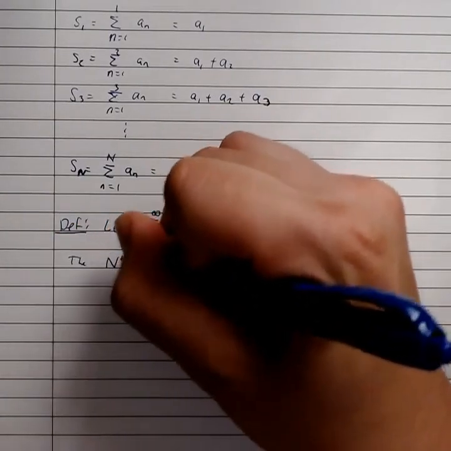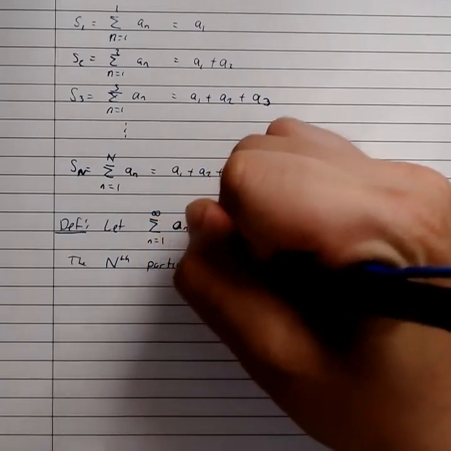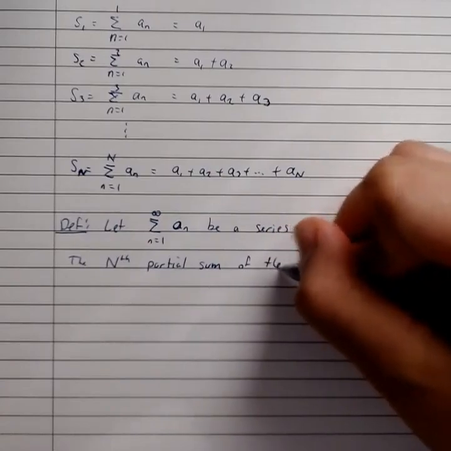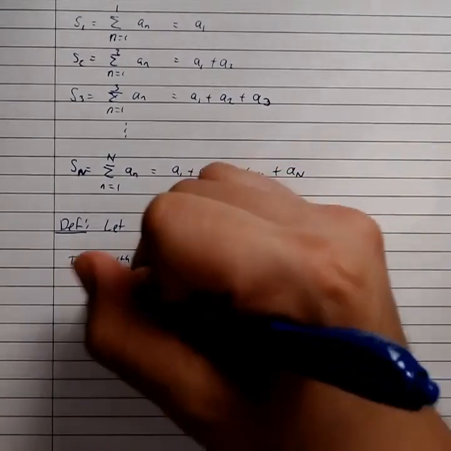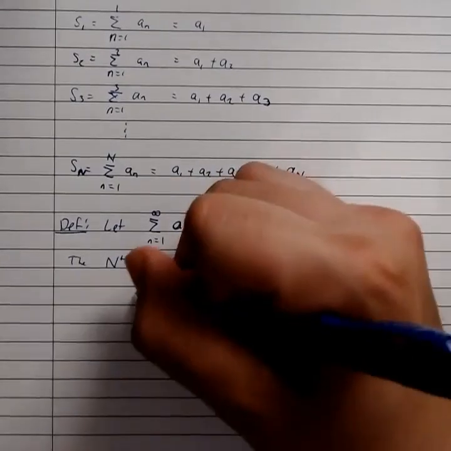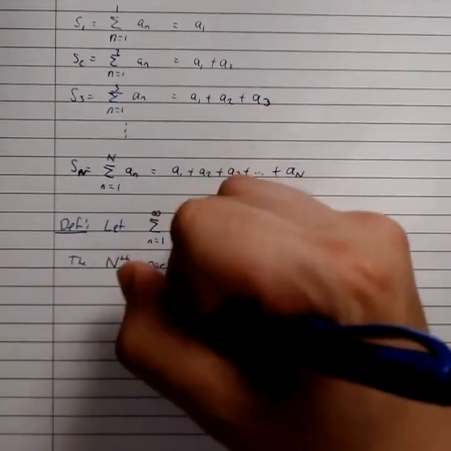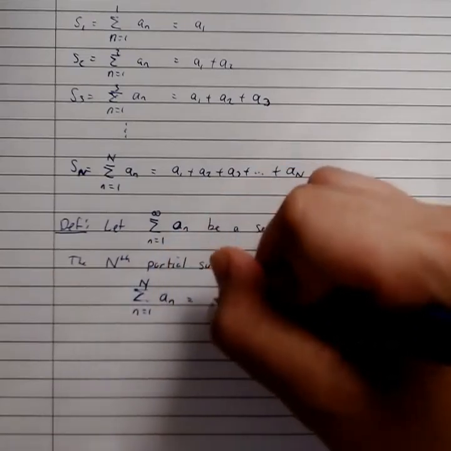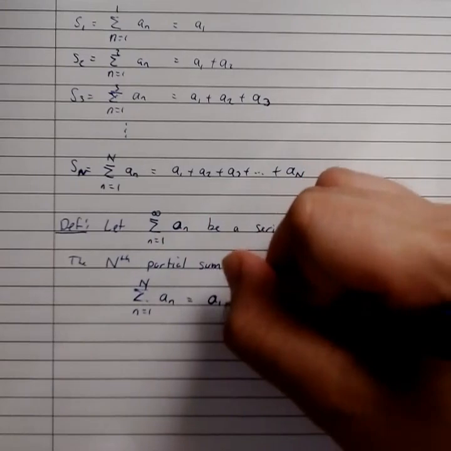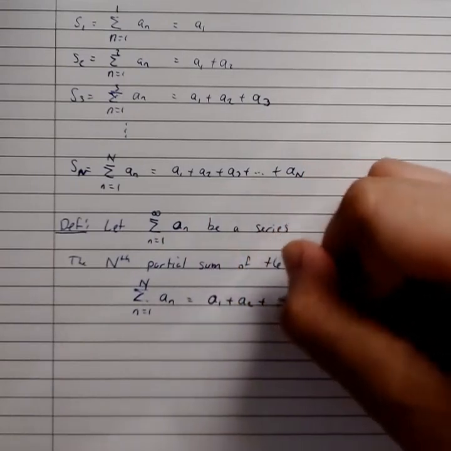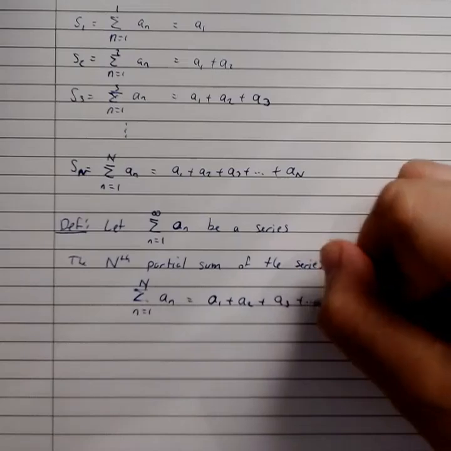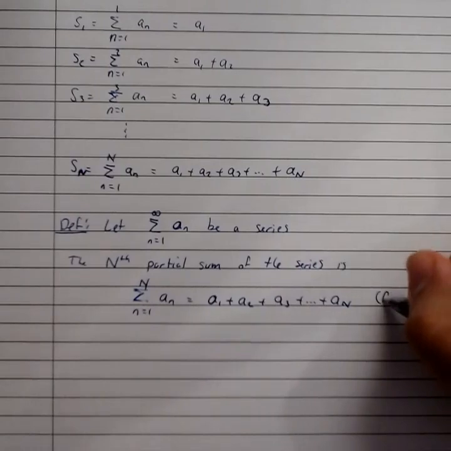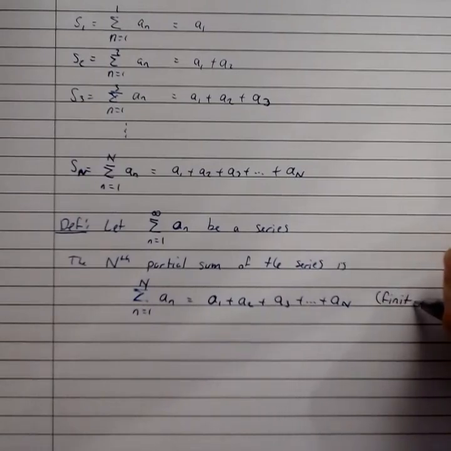Here the Nth partial sum of the series is given by the sum as n goes from 1 up to capital N of a sub little n, which is given by a sub 1 plus a sub 2 plus a sub 3 plus ... plus a sub N. And notice that does have an end. So here, this is finite. It ends eventually.